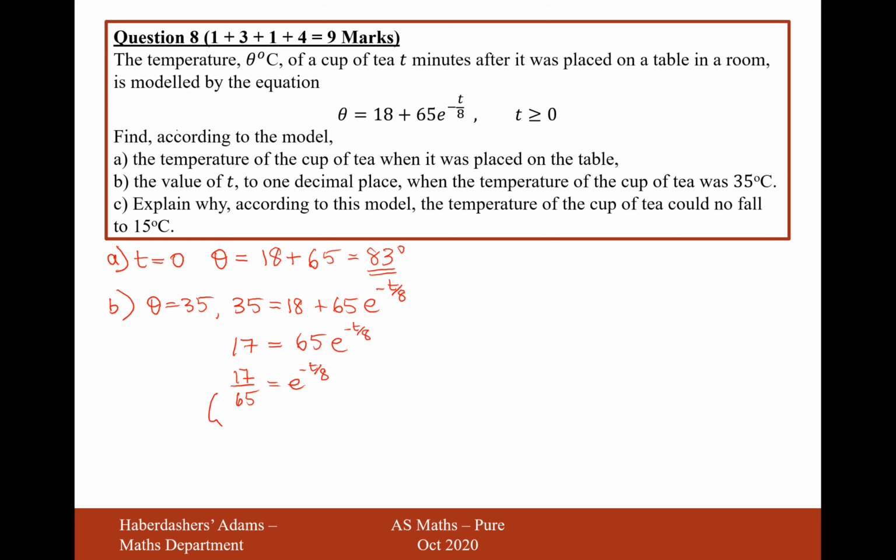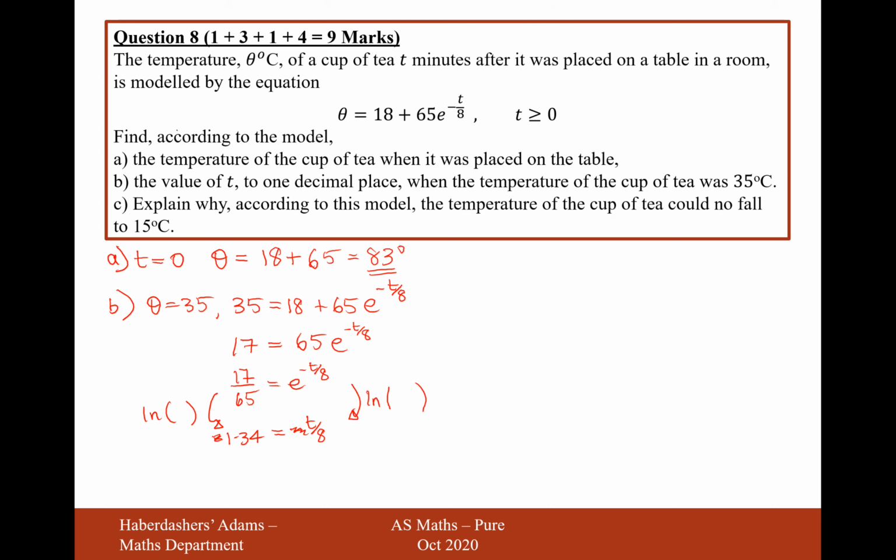You ln both sides, so it's going to be ln of the left hand side and ln of the right hand side. On the right hand side, that will just get rid of the e, so it's now -t/8. And now we need to do in the calculator ln of the fraction 17/65, and that gives us -1.34, but we've got negatives on both sides, so we can just scribble both of them out, and times by 8, so I'm going to times by -8 on my calculator.